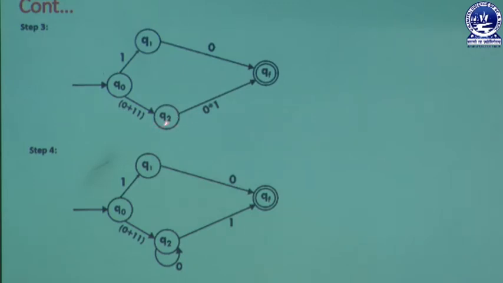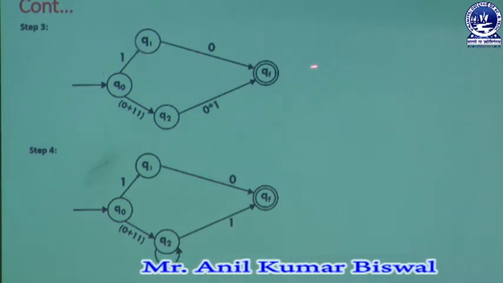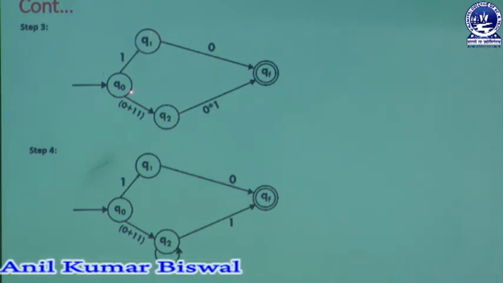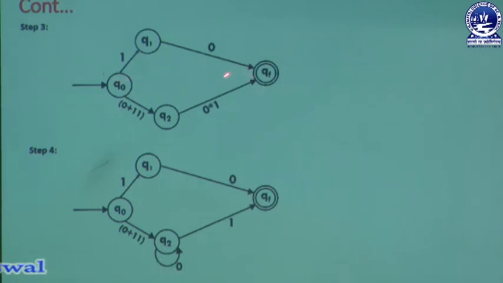Then Q2 can take the expression 0* 1 and create the final state QF. Here Q0 is the initial state, and Q1 and Q2 are substates created between Q0 and QF. QF is the final state, drawn with a double circle. In this way the expression is divided and converted into a diagram in step 3.